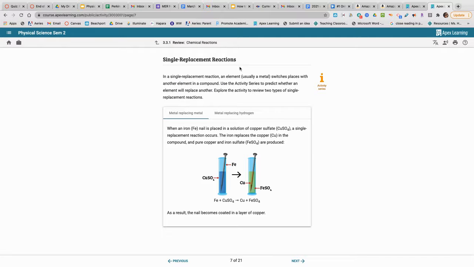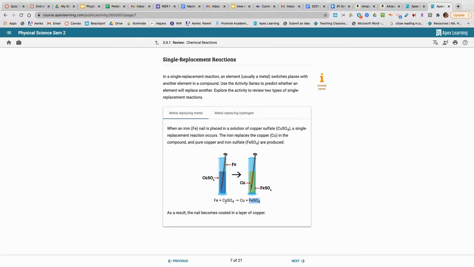Single replacement reactions. This is basically where you have one element and a compound and the metals switch places. So you'll see you start with Fe and copper sulfate and you switch to copper and iron sulfate. So the Fe and the copper switched places.